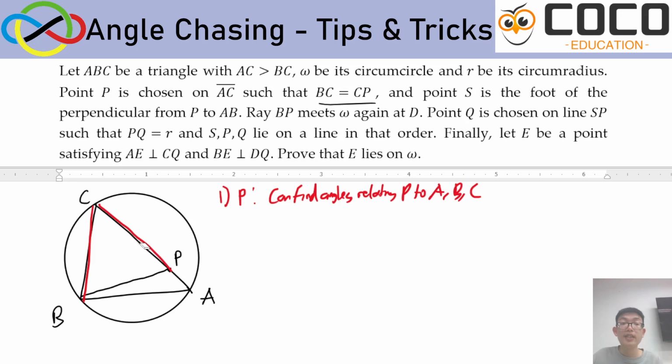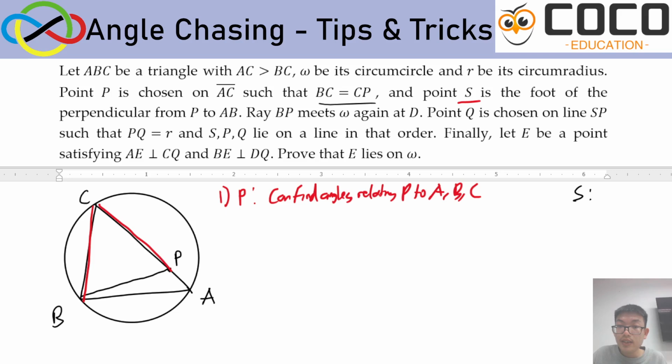Now, the next guy that is introduced is S. So, hello to point S. S, you are the foot of the perpendicular from P to AB, and then you are never really mentioned again in a useful way. Right, so S is just a supporting character that I don't care so much about. I just want the perpendicular line from P to AB.